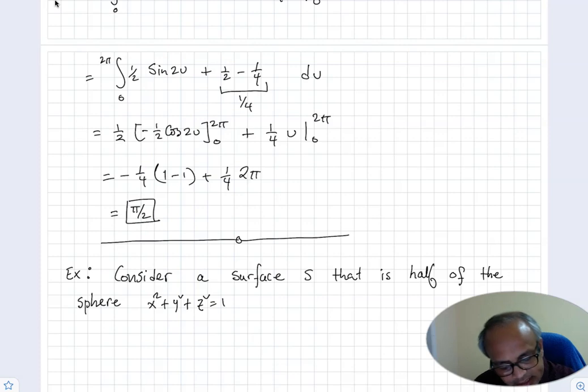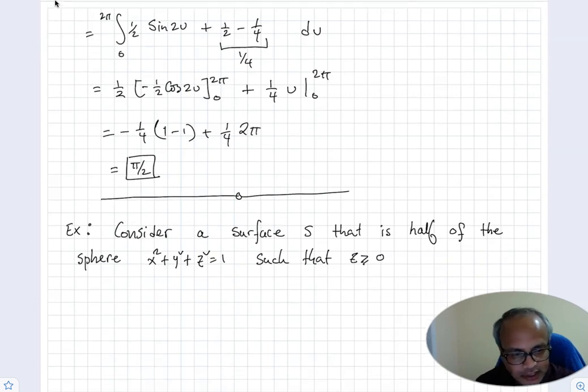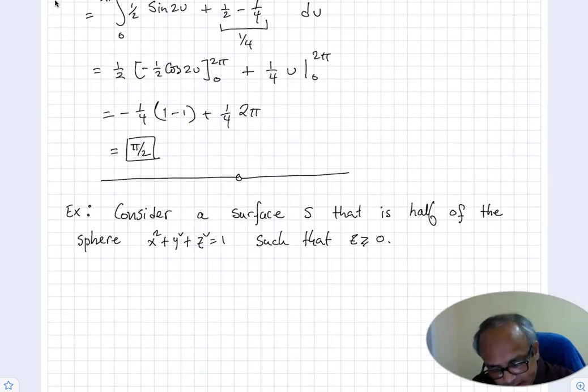Such that z is greater than or equal to 0, or I could say upper half of the sphere, but more specifically z is greater than or equal to 0. So z coordinate I'm going to assume the Cartesian coordinate. Okay, so then a vector field E is given by z, yz, 2x.